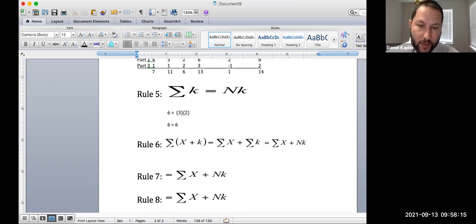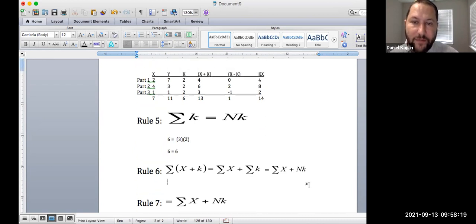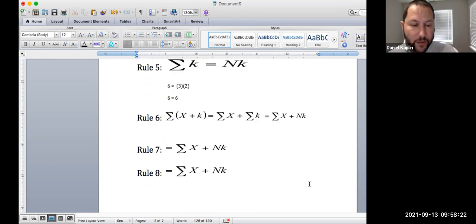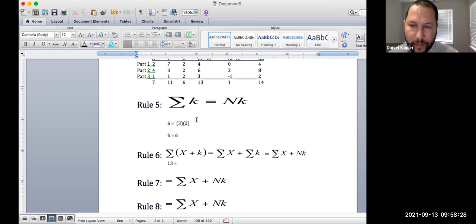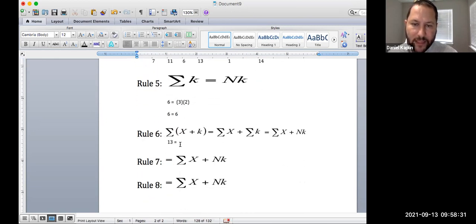So now we're going to go to rule 6, which was the sum of the x plus k column, which was 13, is equal to the sum of x column plus the sum of k column is equal to 7 plus 6, which is equal to 7 plus the n times the constant.